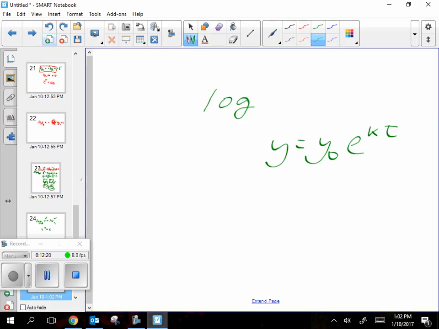All right, so I'm going to give you a typical half-life scenario. Let's say that we have 2 grams present of Tennessee, and it has a half-life of 21 days.